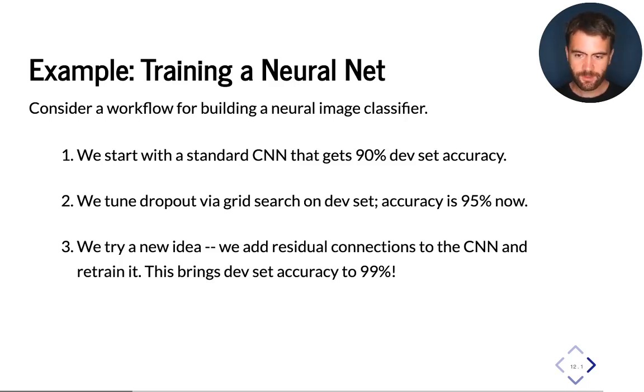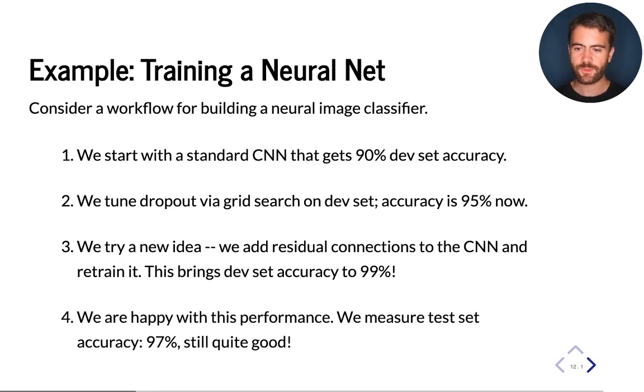So now we're very happy, and we estimate this performance on the test set, and we have slightly lower performance, 97%, which is still quite good, but it shows that we have slightly overfit to the development set because we only chose changes that worked well on it. So 97% is still good, and now we can deploy our model in production, and we can assert that the performance of this model is likely to be around 97% once it starts being deployed on real images.